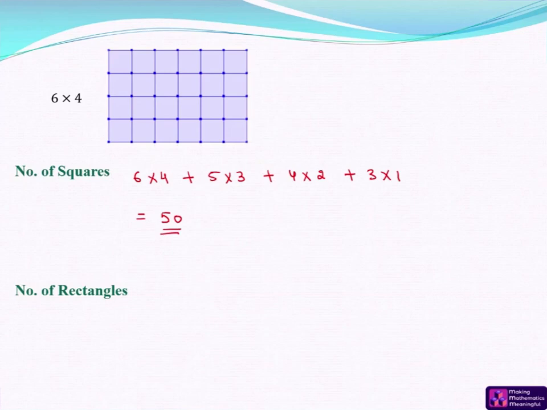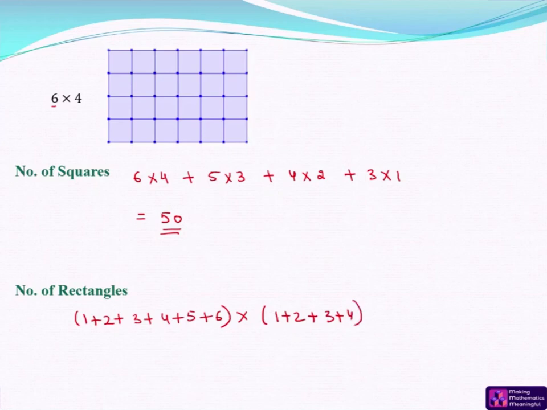And for the number of rectangles, it's simply 1 plus 2 plus 3 plus 4 plus 5 plus 6, as this base is 6, into 1 plus 2 plus 3 plus 4. Simplify this expression and the final answer will be 210. You can easily verify.